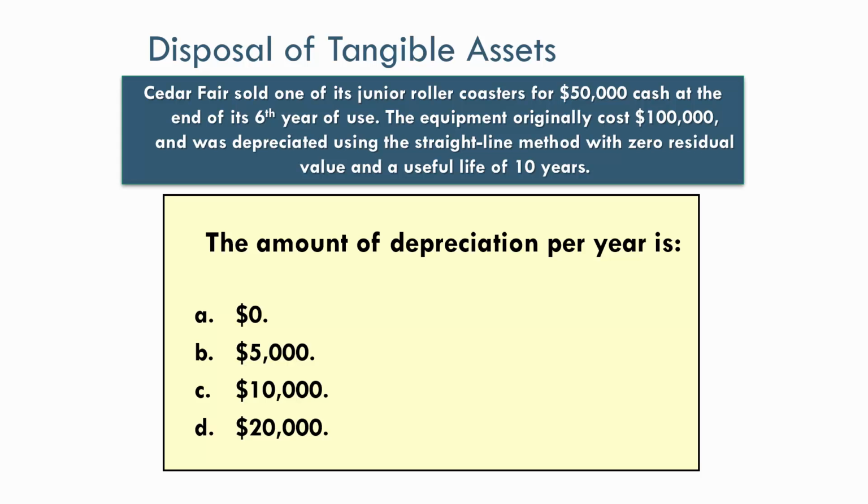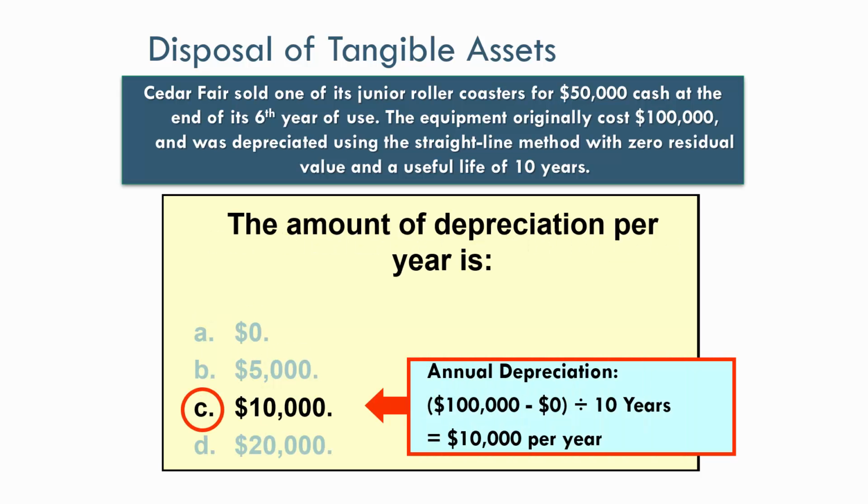So the first thing you need to do is determine how much depreciation each year would be taken on this. So $100,000 is the cost. What's residual? Zero. So depreciable cost is $100,000, and useful life is 10 years. So $100,000 times 1 over 10 is, yes, $10,000 per year.